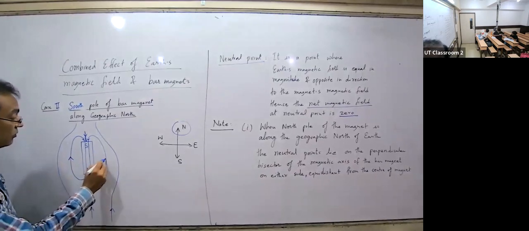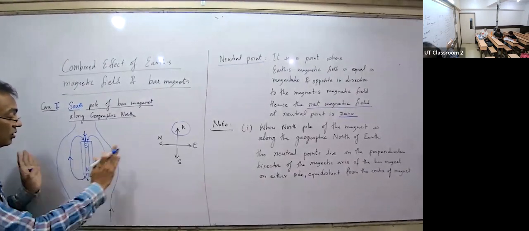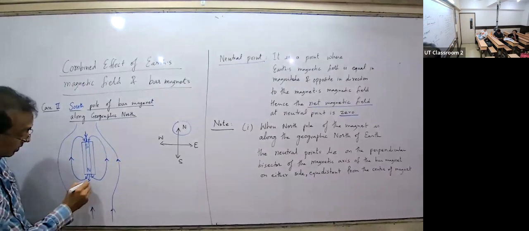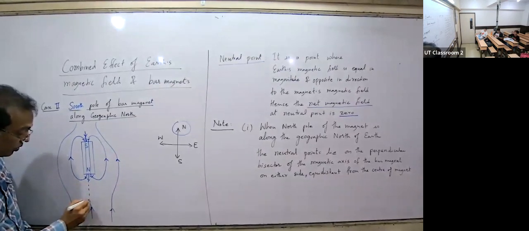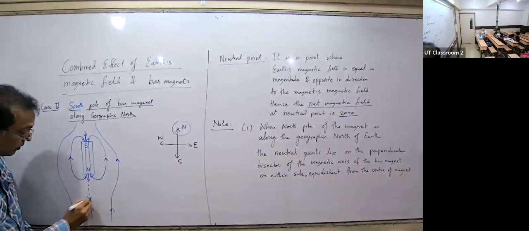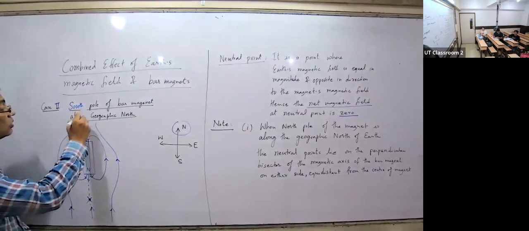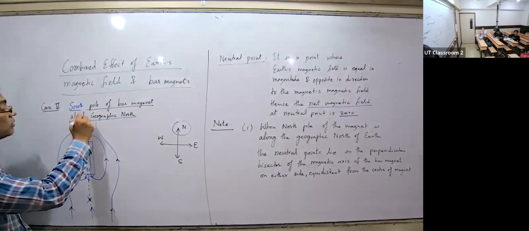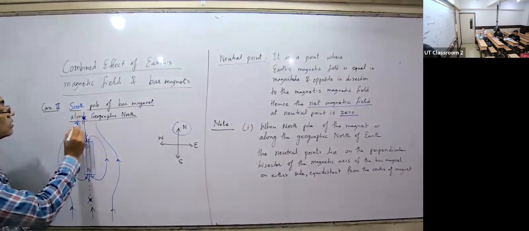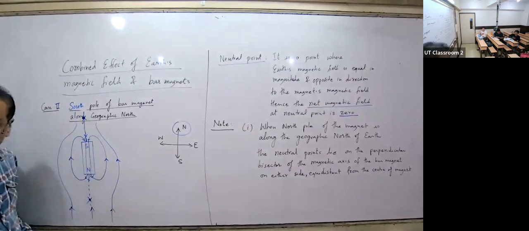Because here the field directions are in the same line, so it will repel it. But this line somewhere will cancel it at some point over here, and likewise over here. Because here the field line is coming down. Somewhere here it will cancel it. This Earth field is going up.